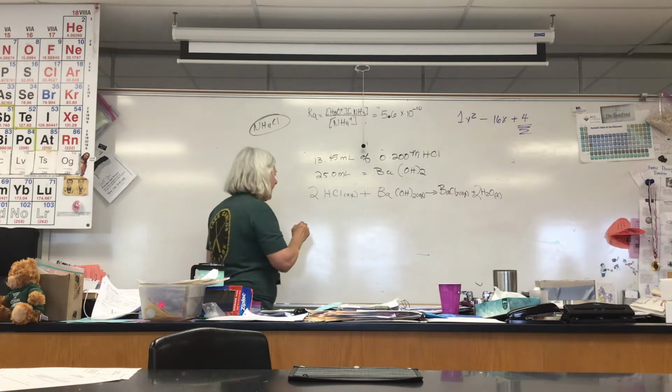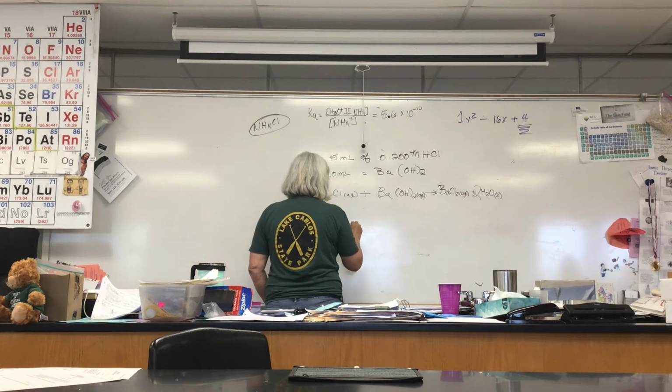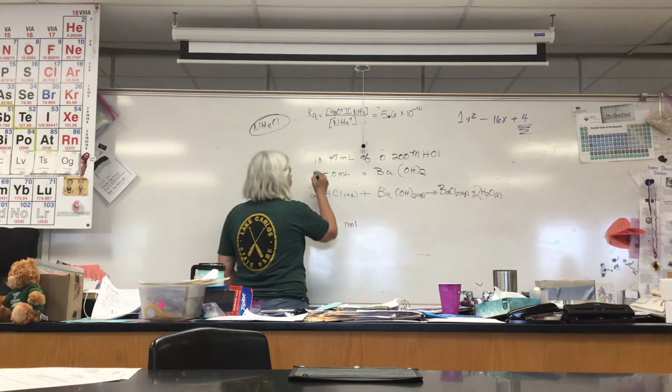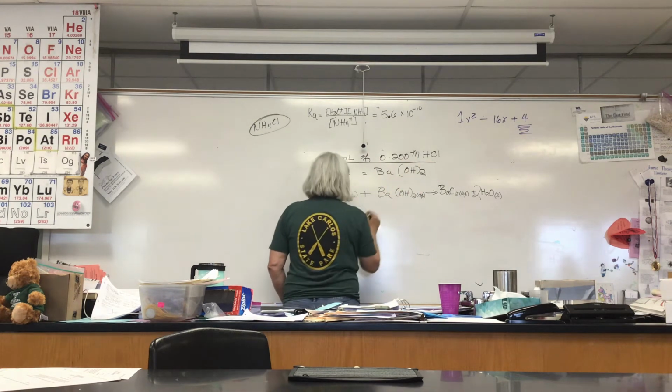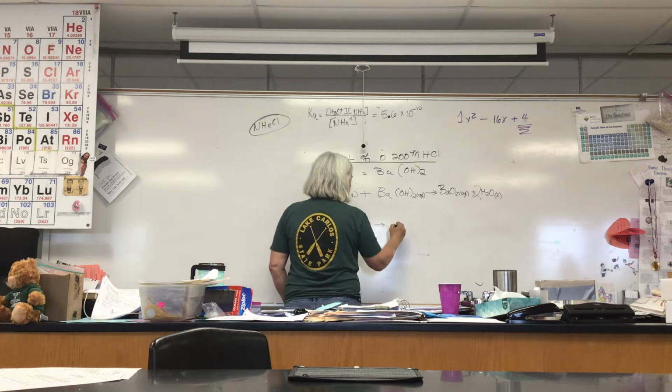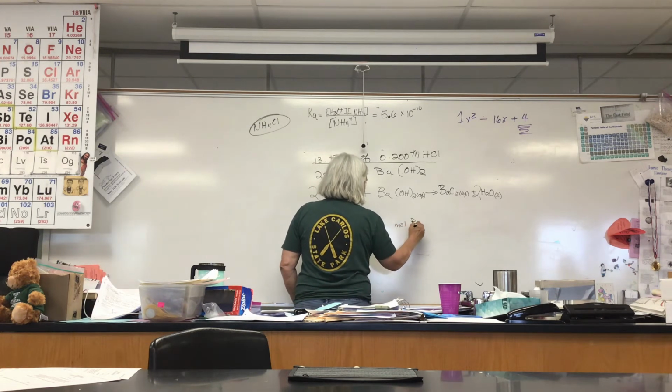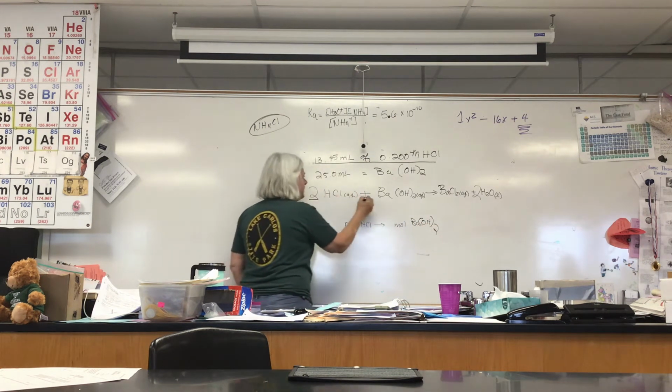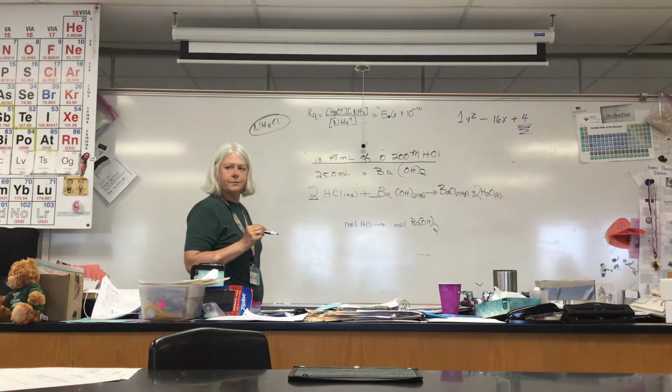And remember, at the center of every stoichiometry problem, I'm gonna be moving from moles of my given, moles of HCl, to moles of barium hydroxide. And that'll be these two coefficients.